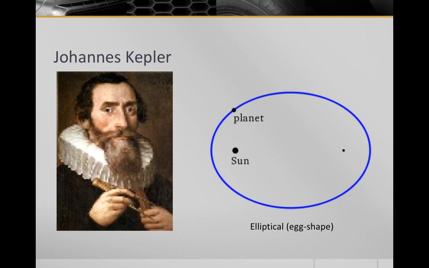An elliptical is up on the screen for you. An elliptical is simply a term that means egg-shaped. I might write that in parentheses after it, where elliptical or egg-shaped. And then we want to put a comma, and we want to say not circular.